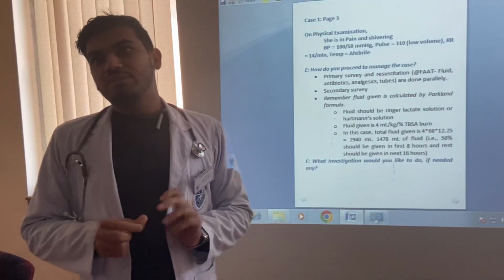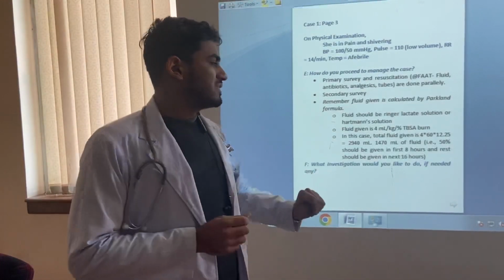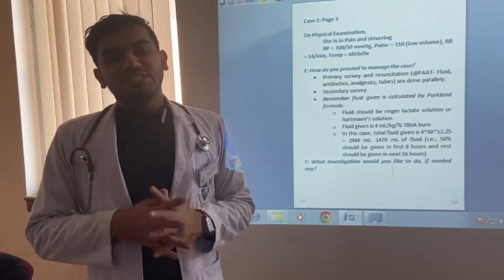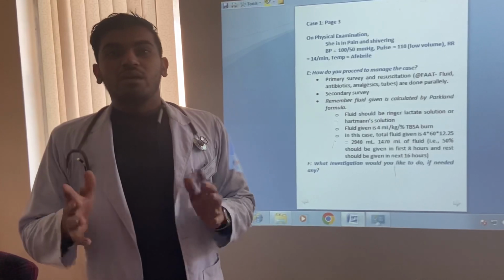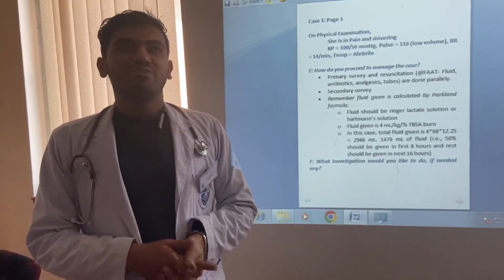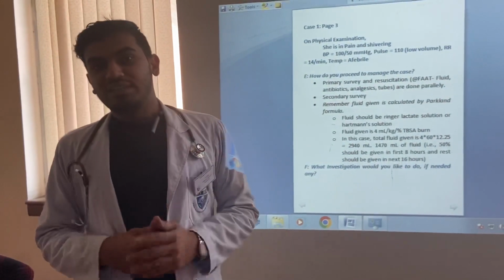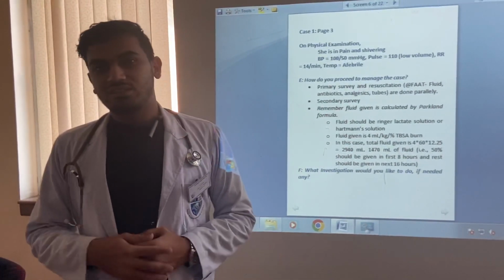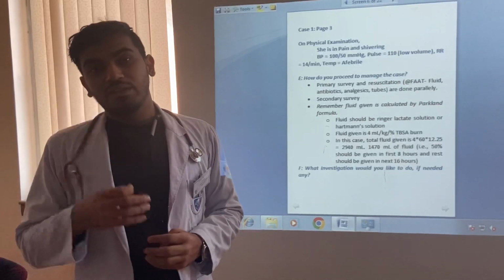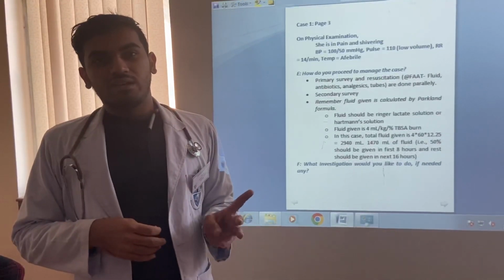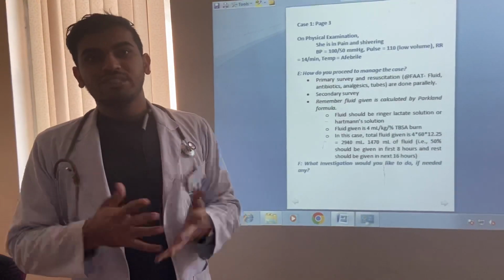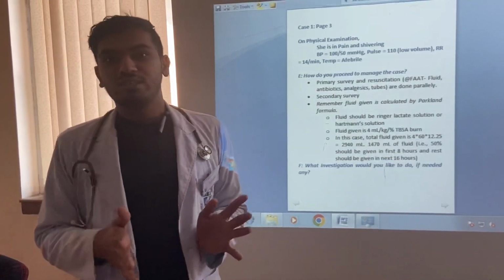How we have to give this fluid is that 50% of this fluid must be given in the first 8 hours. In our case, the patient was burned at 9 a.m. and she has come to the hospital at 2 p.m.: 10, 11, 12, 1, 2. It means that 5 hours later she came to the hospital.